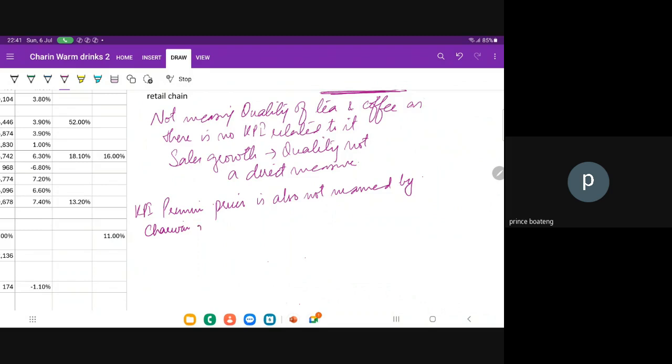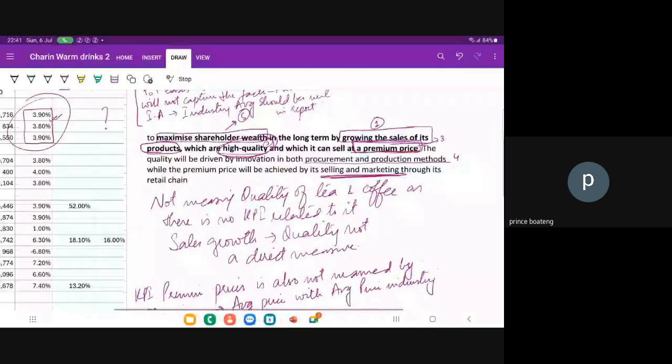And how can the company measure this? The company can measure it by comparing its average price with the average price of the industry. Only then can you identify whether you are selling at high prices or not. So this is also not given in the question, right?